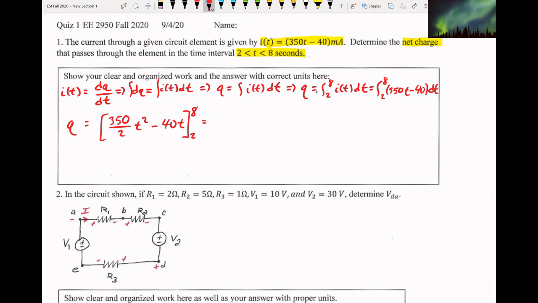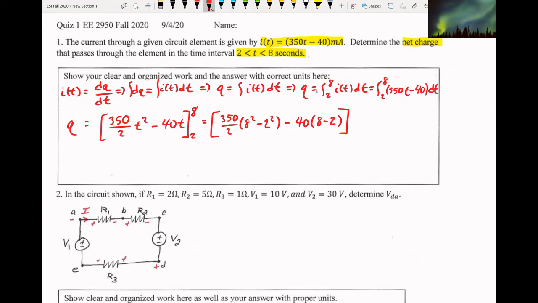So we need to go in here and we need to sub in. So we will do 350 over 2. We can do 8 squared minus 2 squared minus 40 times 8 minus 2.